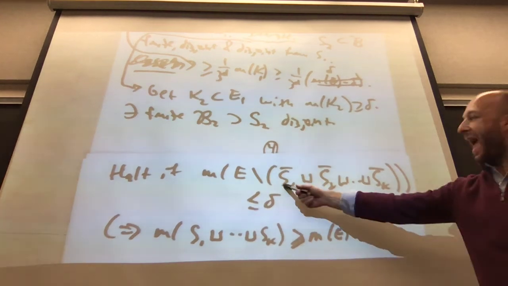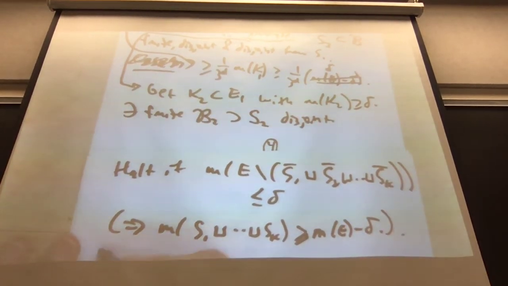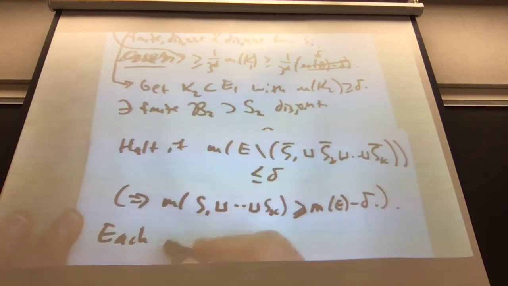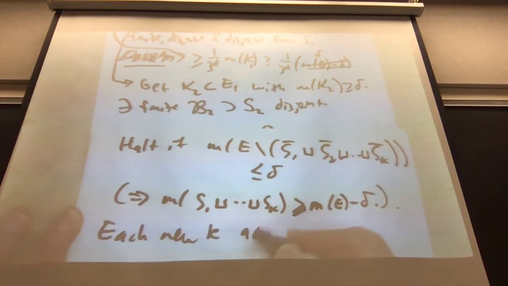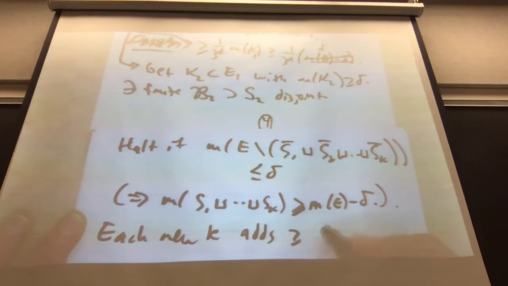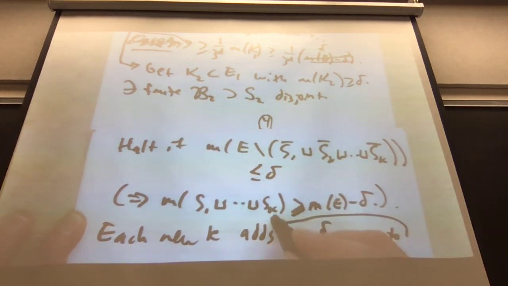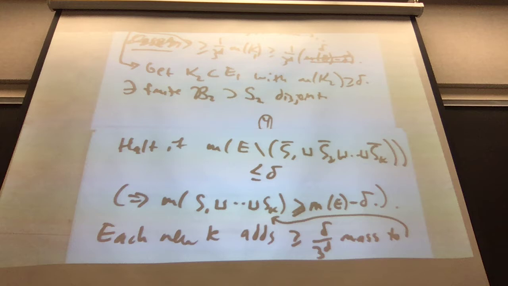But each time you do this, each new K adds at least delta over 3 to the d mass to that. A fixed amount of mass.